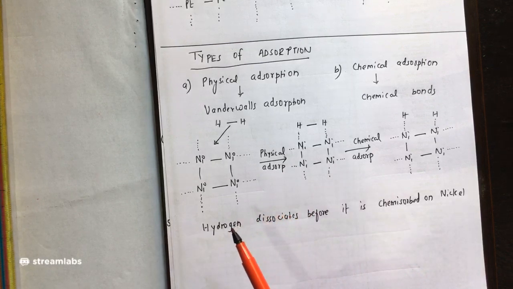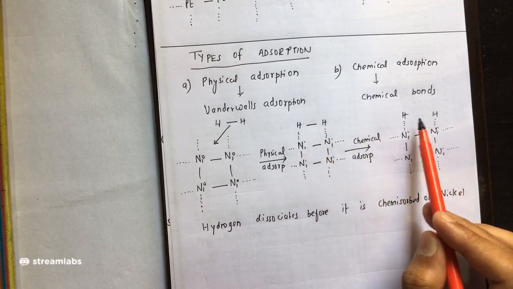So if you increase the temperature, what will happen? The physical adsorption changes into chemical adsorption, and the hydrogen molecule is said to be chemically adsorbed on nickel. Okay. So this bond will break when you increase the temperature.